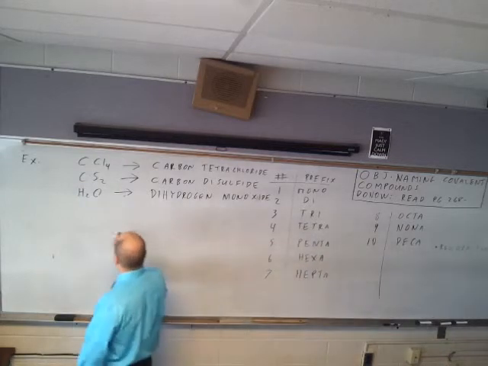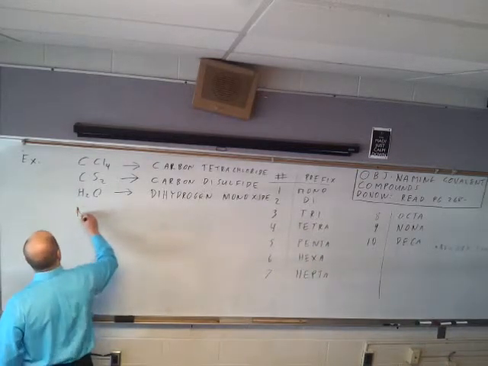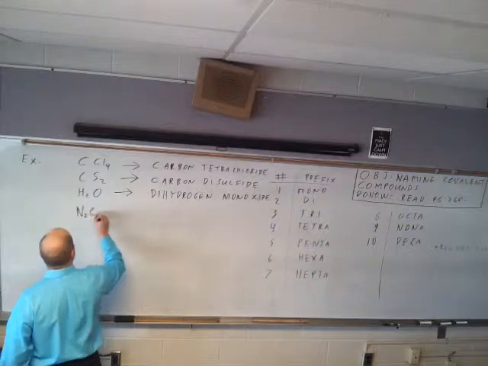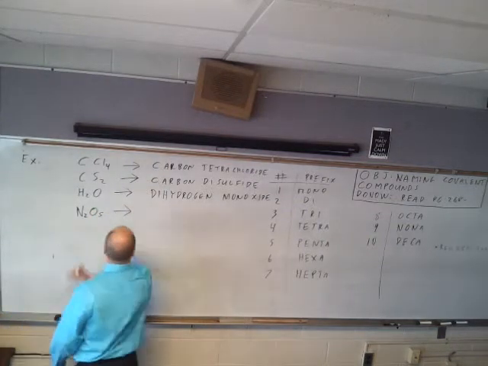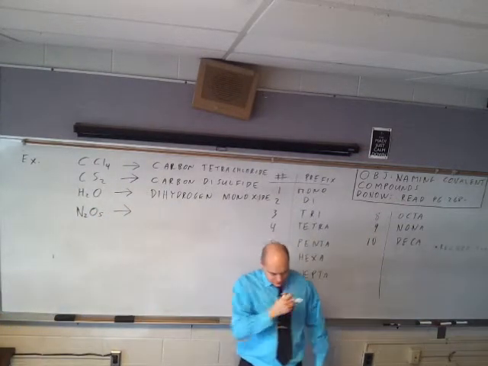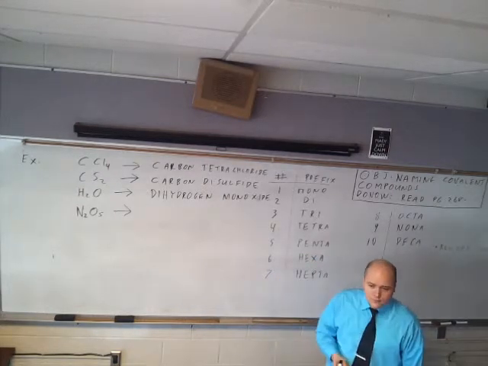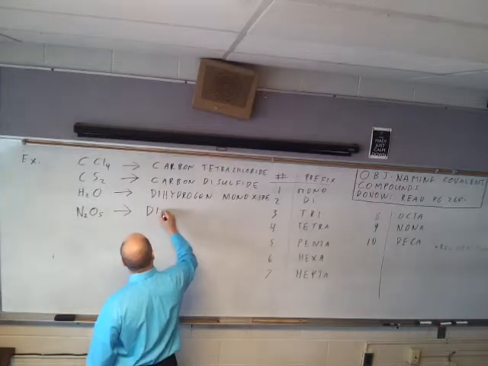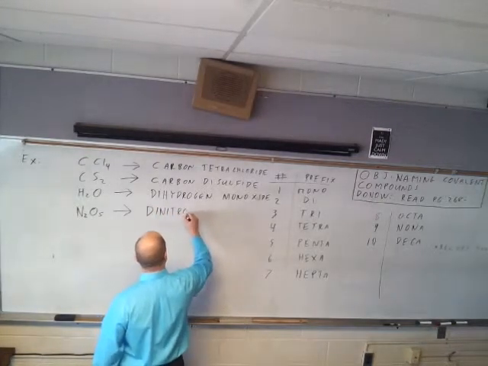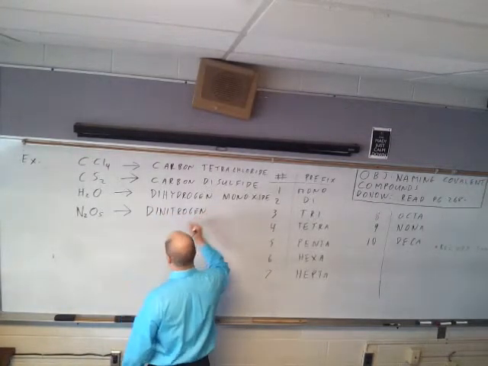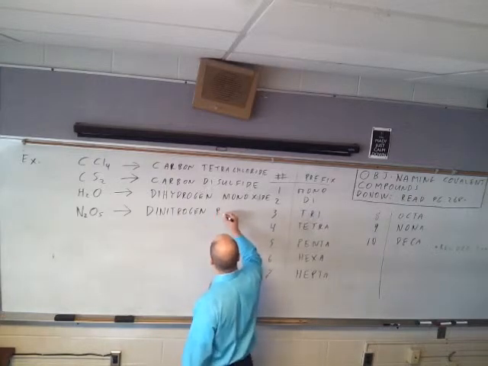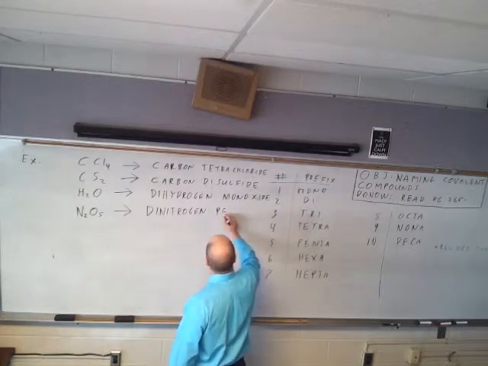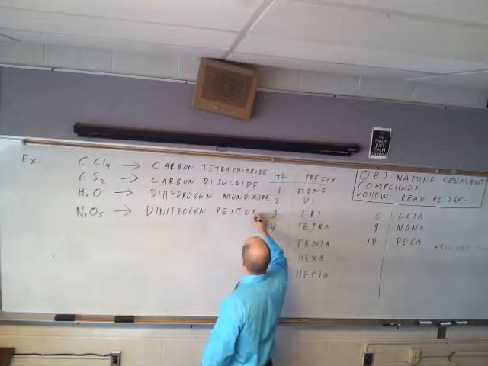All right, let's do N2O5. What's that? Dinitrogen oxide. Yep. And we're going to throw out the A and just say pentoxide.